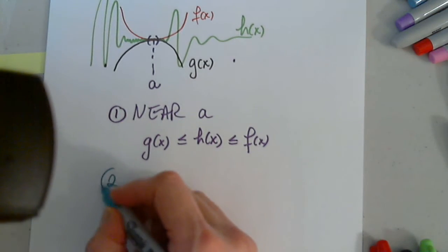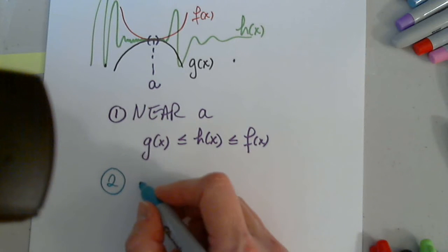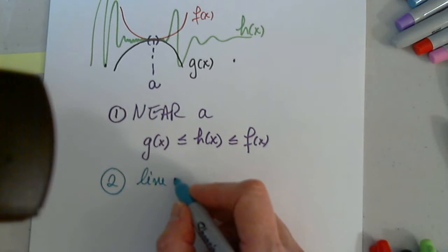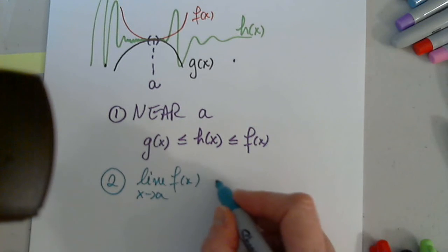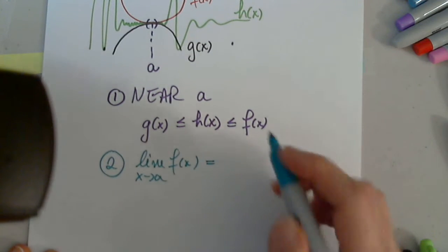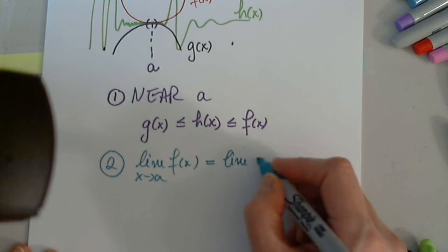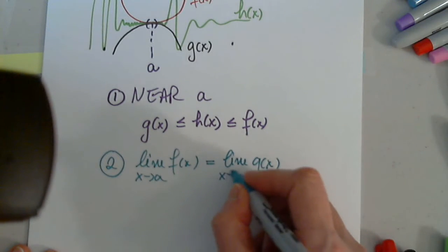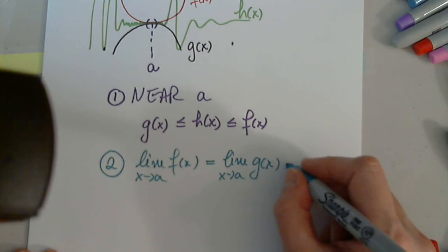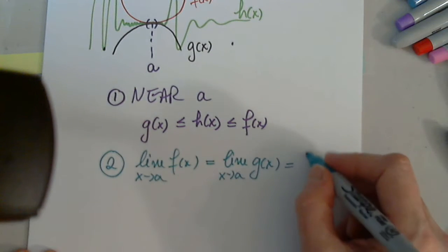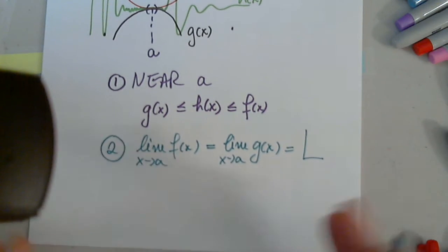Number two, would you agree that the limit of f of x as x approaches a equals the limit of g of x as x approaches a? And I'm going to give it, because they exist and they're equal, I'm going to say L. A number. Any number, but a number, not infinity, not something that I cannot tell you.